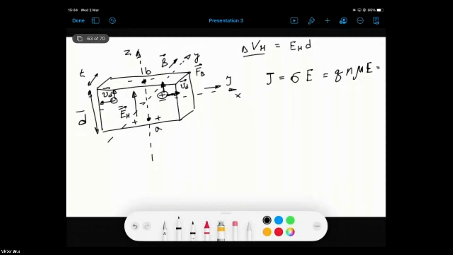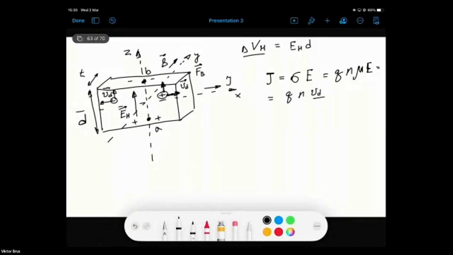In other form, we could also write that this current density is q times n times v_d, and this is the drift velocity or drift speed.